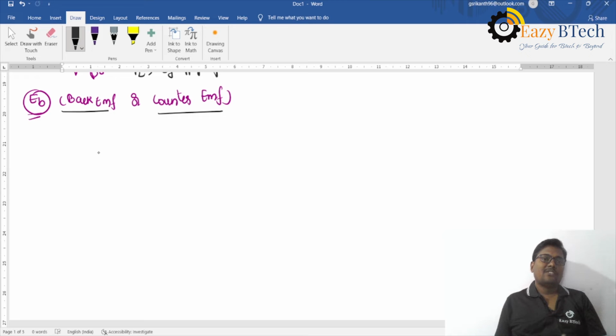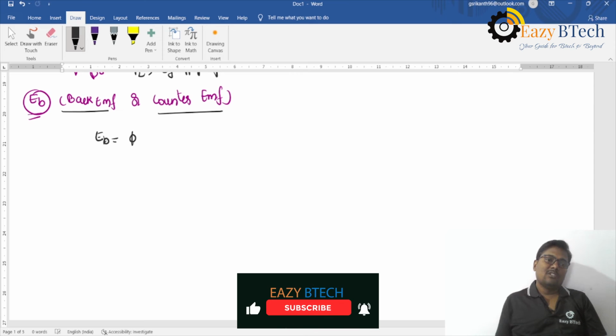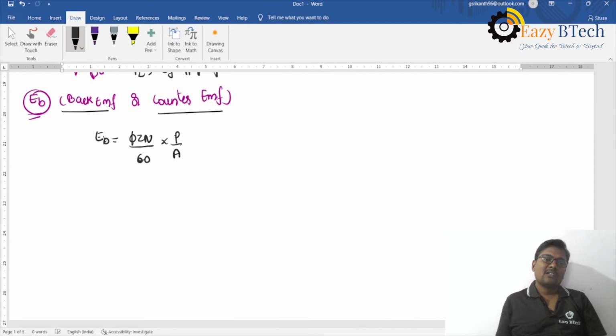The EMF which is induced in a DC motor, which is opposite to the supply voltage, is called the counter EMF. And EB is equal to phi Z N by 60 into P by A. Same formula.